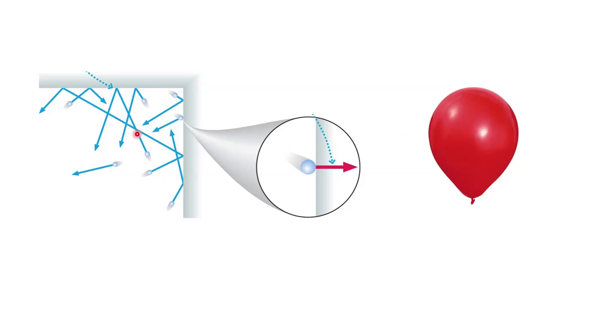And when they do, they collide with the wall of the balloon. So I'm trying to show you a picture of the collisions of the molecules. Every collision is going to apply a force to the outside of the balloon. So you think about all these little molecules bouncing around, hitting the outside of the balloon. Well, this is what we call the pressure inside the balloon. This is the cause of that pressure.